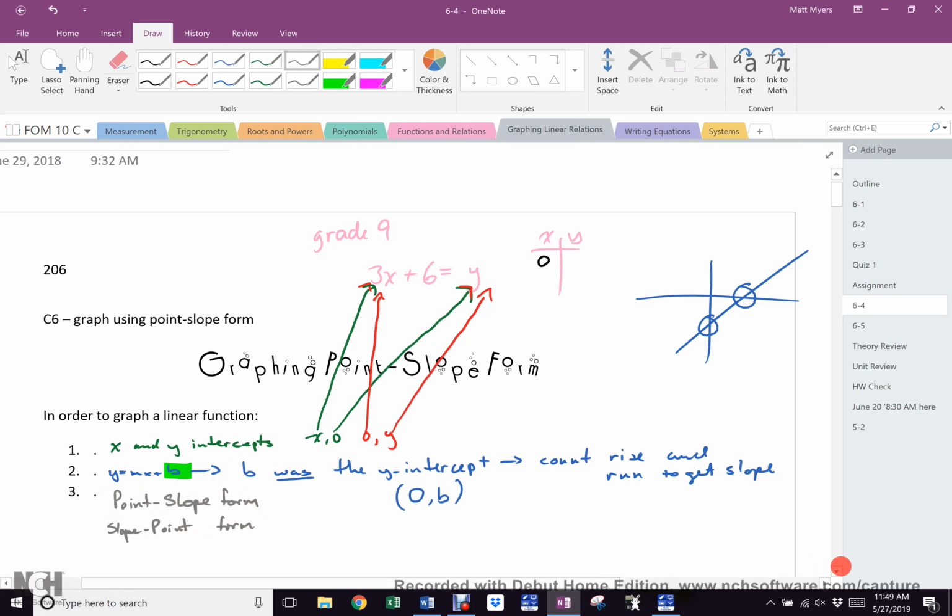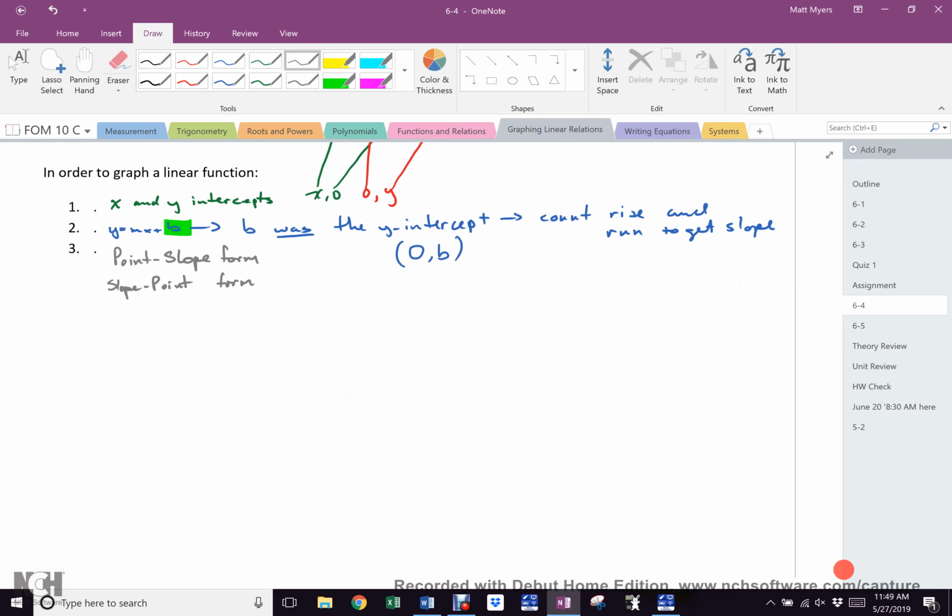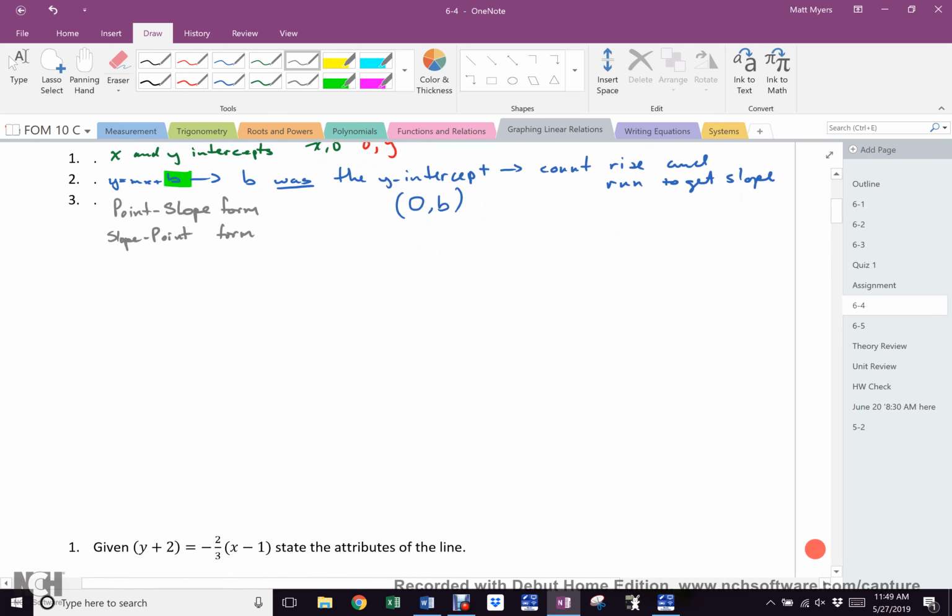Now, on Friday, I showed you guys what this was going to look like. And we got a big white space here. We're going to use that right now. Point-slope form is this. Now, sometimes you'll see this written this way. y minus y1 equals m(x minus x1).